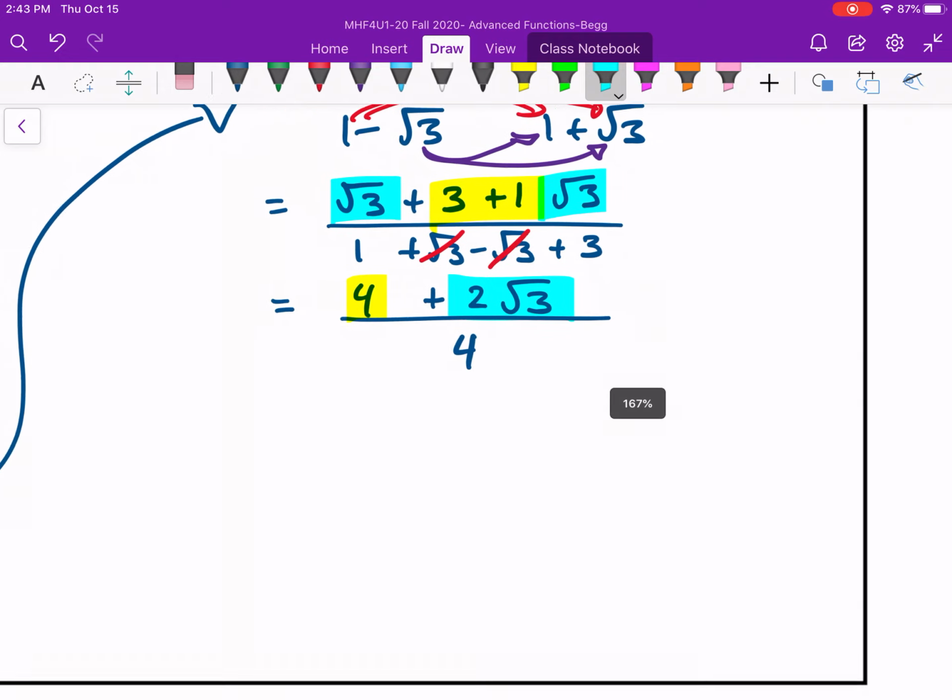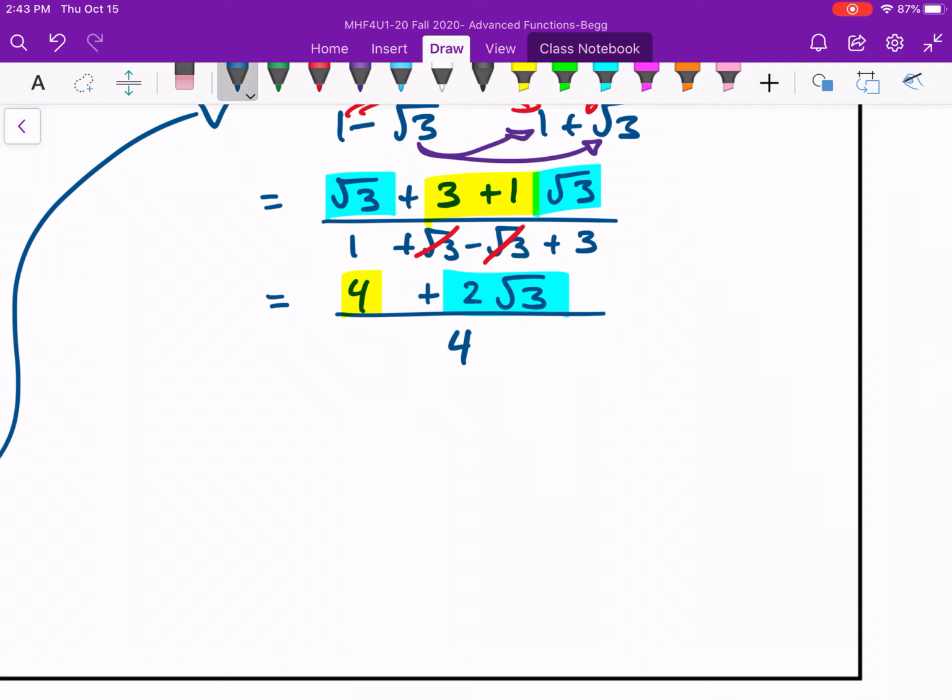And I can simplify a bit. I can't just cancel out the 4s. That is not allowed because I have to divide everything by 4. But what I can do is find a number that goes into both terms. So is there something that goes into both 4 and 2 and the 4 on the bottom? Yeah, I can divide everything in half. Maybe I'll show it this way.